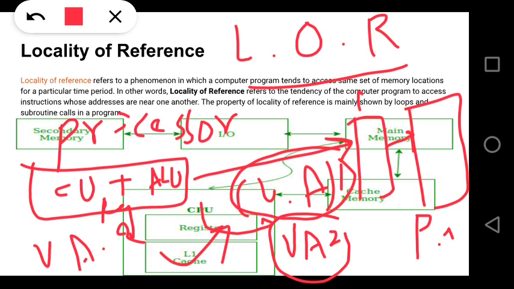Now we should get a doubt: why are we stressing so much about this locality of reference? We now understand what is meant by it.